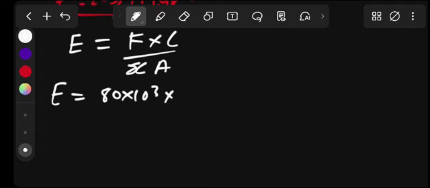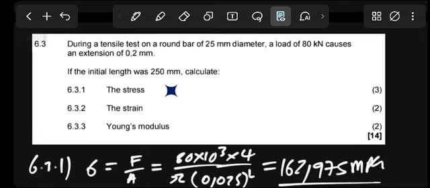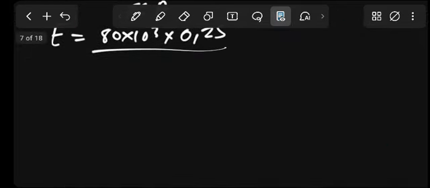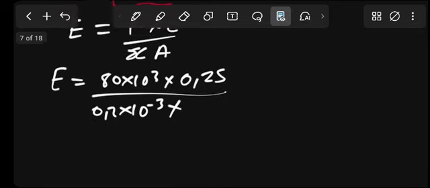The length initially it was 250, which is same as 0.25 divided by the extension. Here was the extension of 0.2 millimeter. This is the same as 0.2 times 10 to the power of minus 3 multiplied by the area.